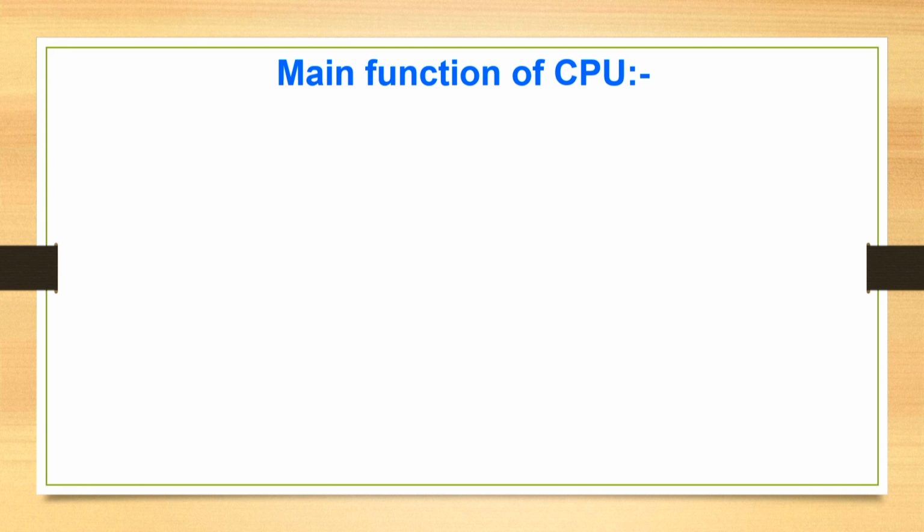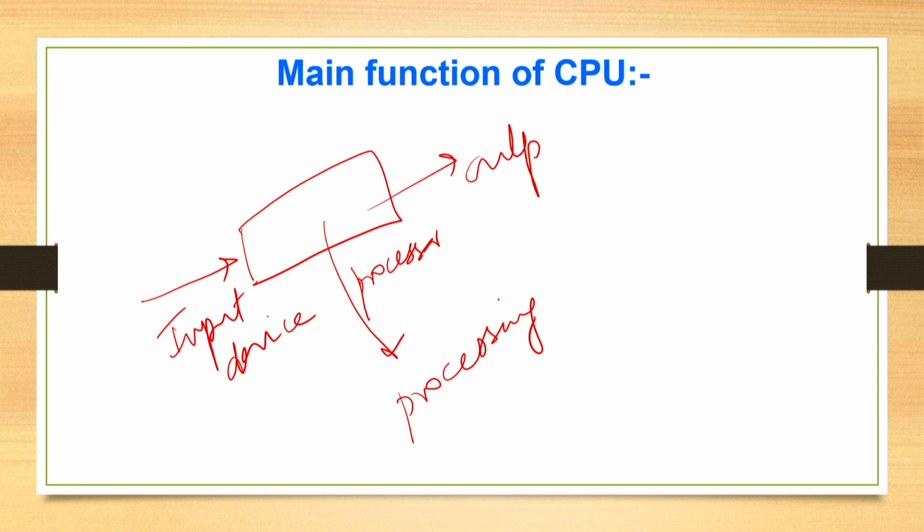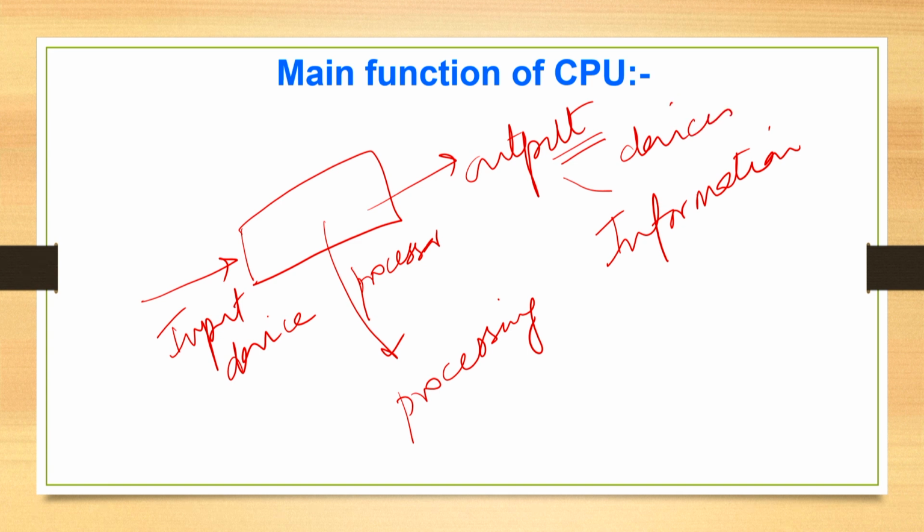The main function of the CPU is to process the data. It will take an input through the input device, then this processor, or the CPU, does the processing. That depends upon the instructions that have been given to the computer, and then it will produce the output that we call information, and this output is seen through your output devices.